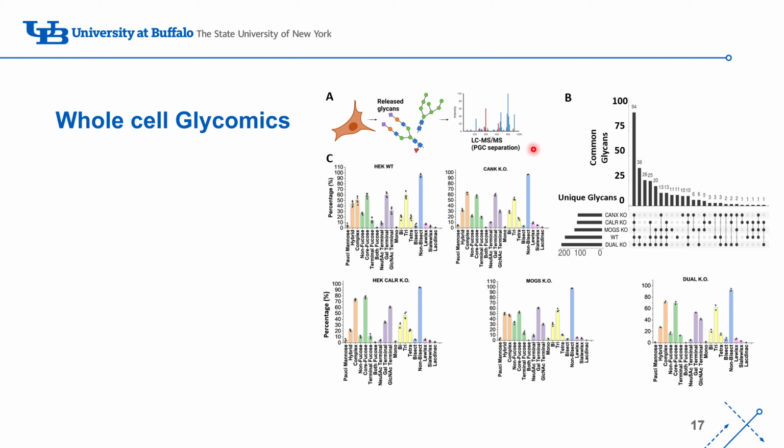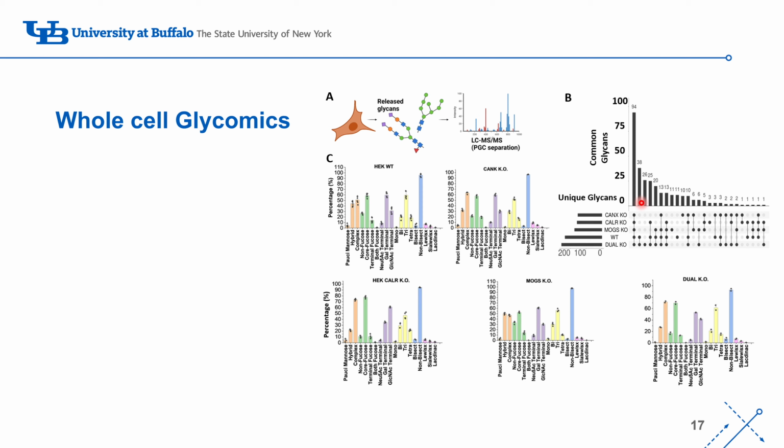When we do this UpSet plot analysis, we are able to find that in the case of the dual knockout there are 26 unique glycans that are only present in the dual knockout but not in any of the other knockouts.